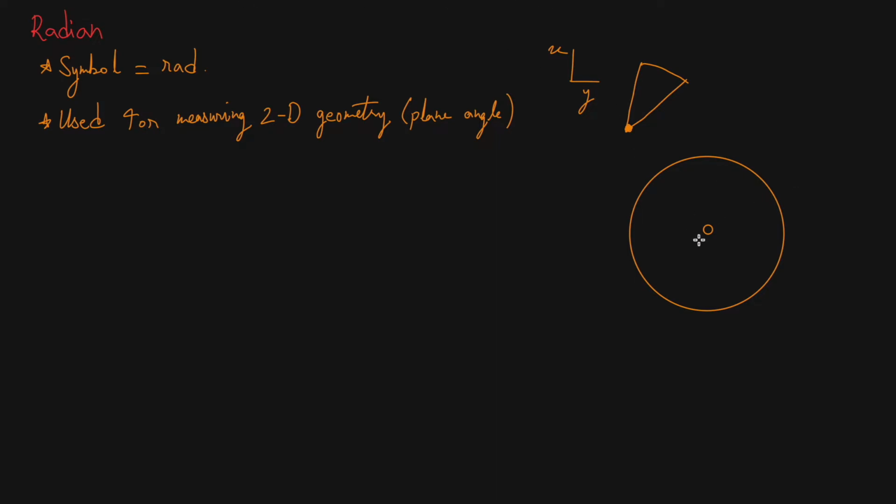The radius is the distance from the center to the boundary of a circle. So this is the radius, not radian.